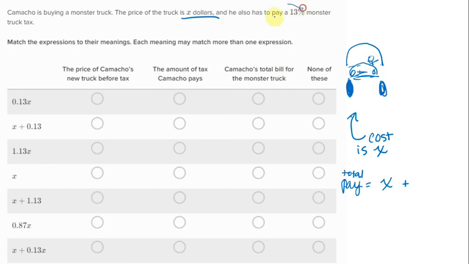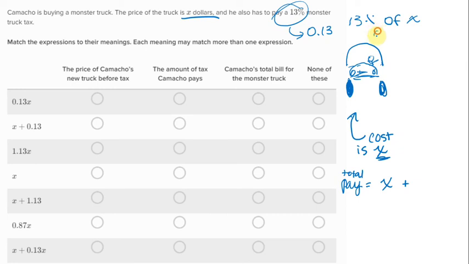So as a decimal it is going to be 0.13, and whatever the tax is, it's going to be 13% of the original price, or the cost, 13% of the cost.